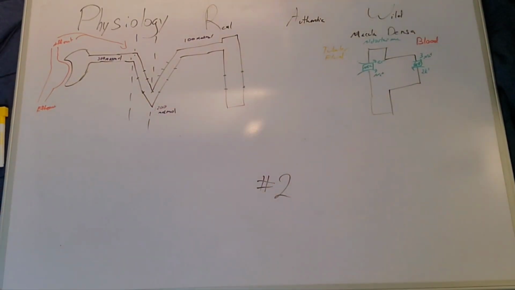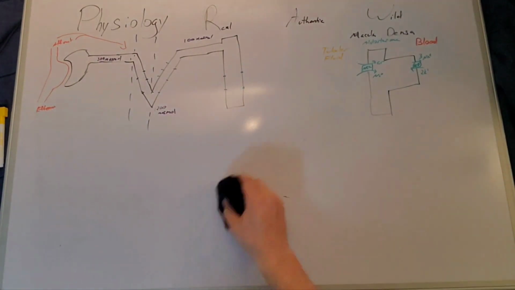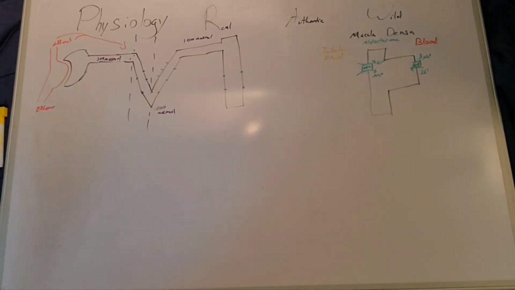Hello, welcome to essay question number 2 for Unit 4. The question asks us to explain the tubuloglomerular feedback.